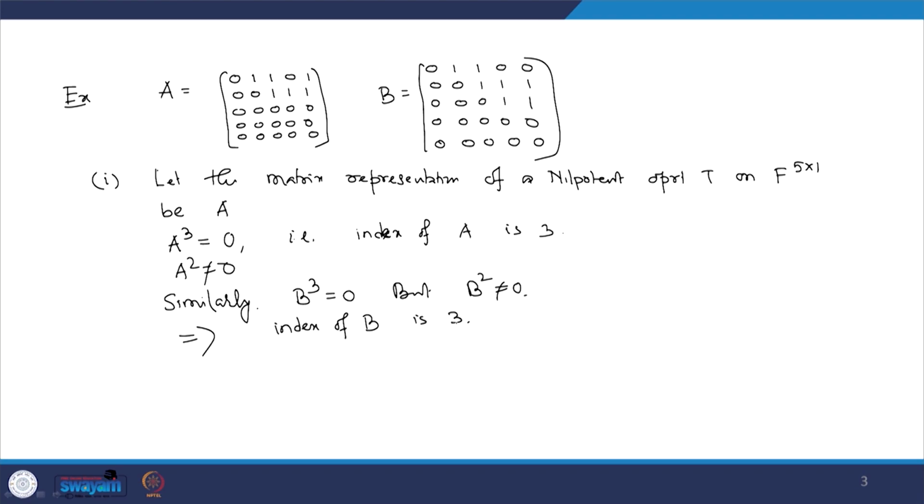So I have taken two matrices A and B, which are matrix representations of two operators with respect to the standard ordered basis, and both of them have nilpotent index 3. Now, the question is what is the block diagonal matrix representation?